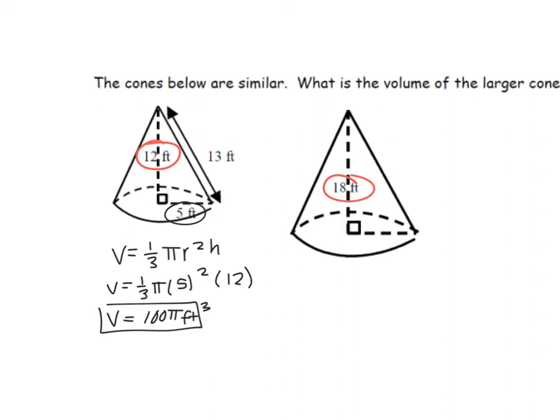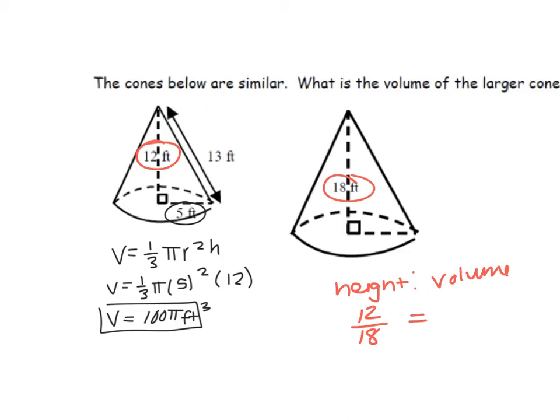So I can actually set up a proportion. Height to volume. So my height was 12 over 18. And I want to find out what the volume is of my larger cone.